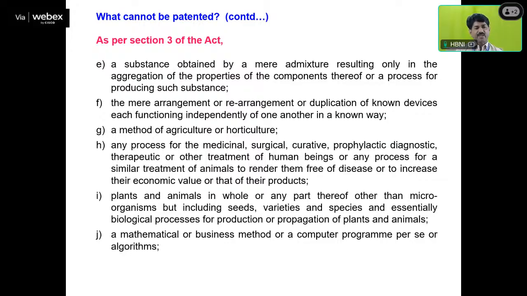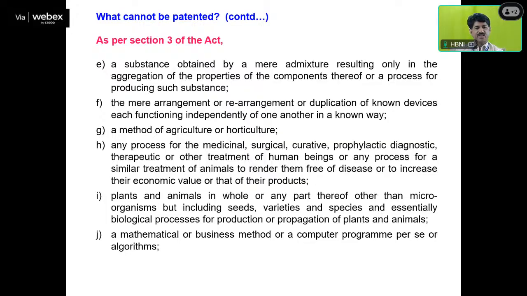Next, a method of agriculture and horticulture is also prohibited from applying for a patent. New seeds, that's why I have included in a new format altogether at the end. That is a special case. But normal agricultural or horticultural methods are for the masses, so those things will not be included in patent applications.